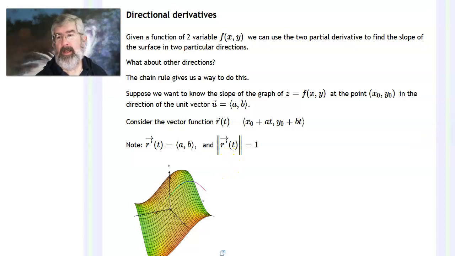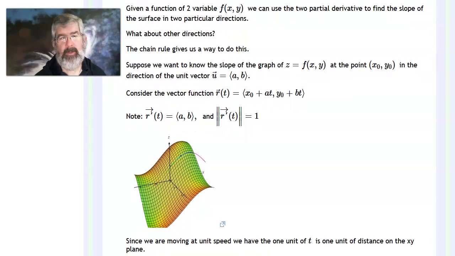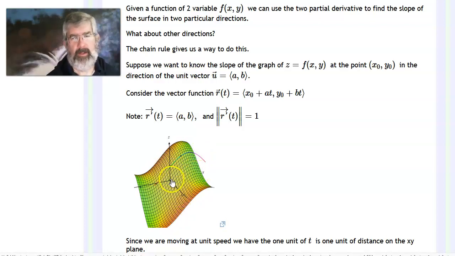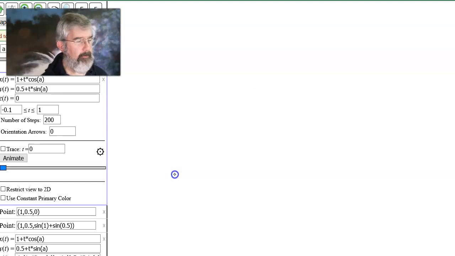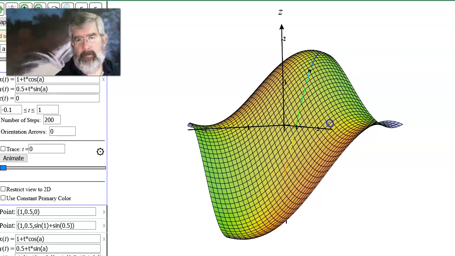Now, I have a picture here that shows the graph of a function and a curve on the plane. It looks like this is the x direction at the moment, but let's click on this so that we can see it better. Okay.